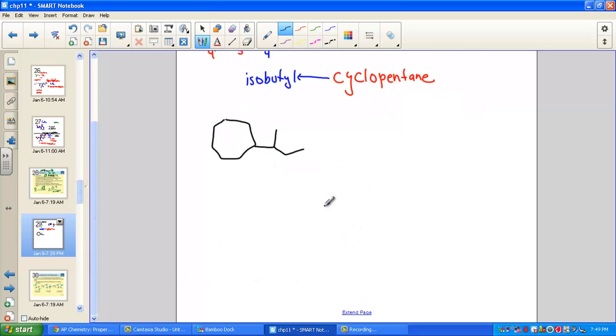So I'm going to try to count how many we have. And again, this would get top priority, so there's carbon 1, 2, 3, 4, 5, 6, 7. I tried to draw a 7-sided ring. So now I know cycloheptane is my ending.